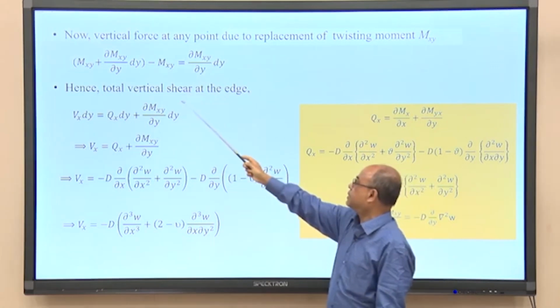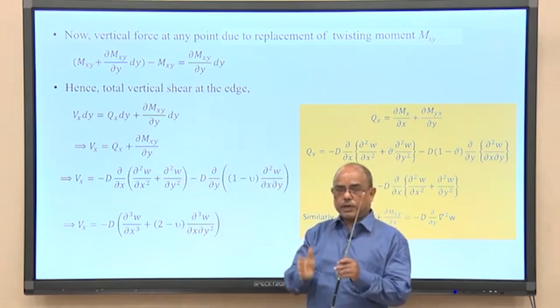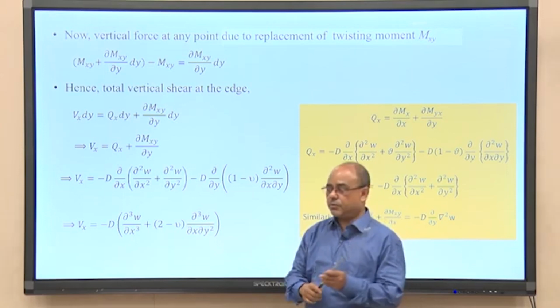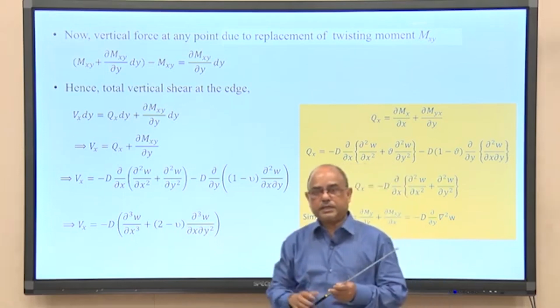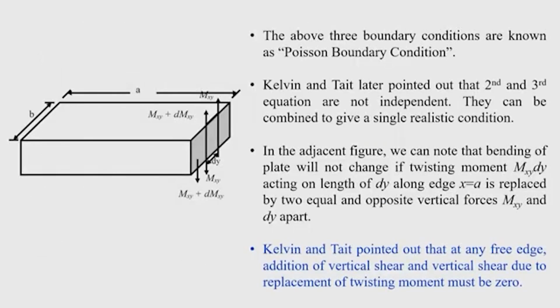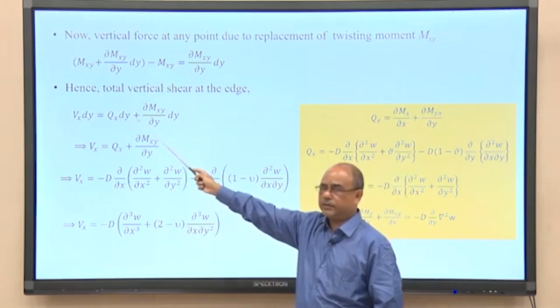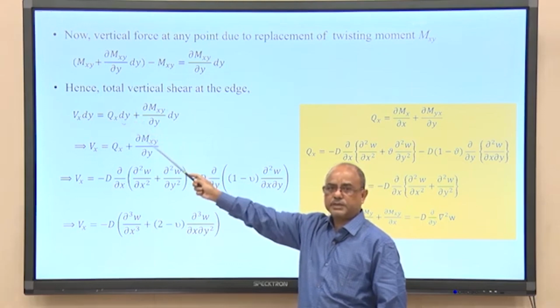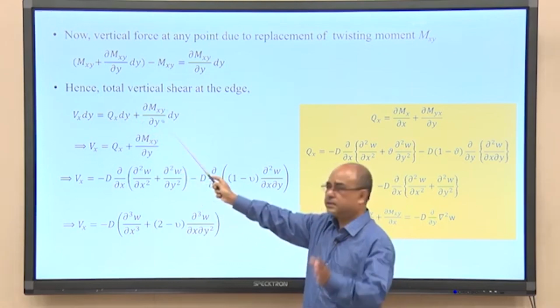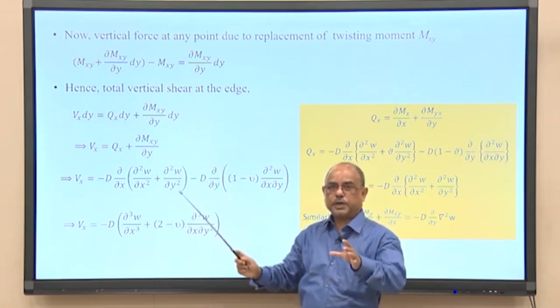Hence, the total vertical shear at the edge, say Vx, is another quantity which is the total vertical shear. So, Vx multiplied by the length of the element dy should be equal to the shear force generated due to the vertical force qx into dy for this element, plus the component of shear force produced by twisting moment.